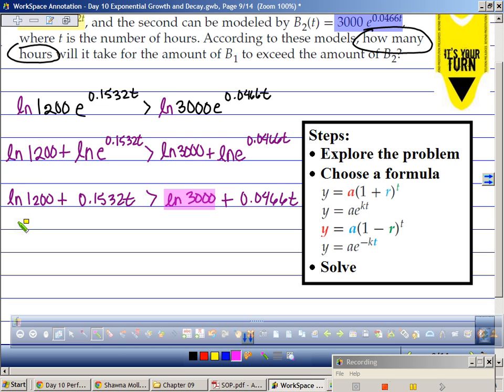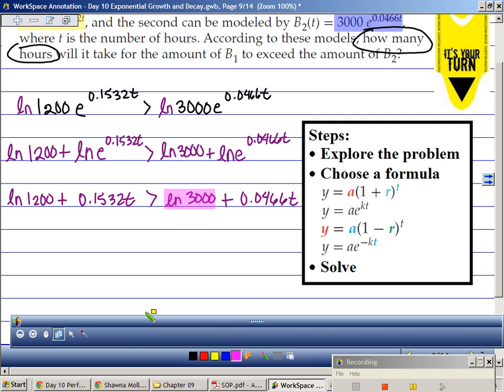You want the T's on the left side, that way it's positive. Think about it. What, okay, about the positive part, right? How can you have negative hours? Then sign's going to change, right?